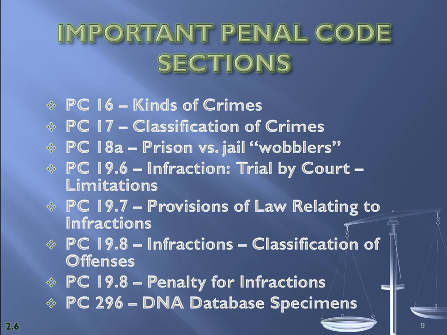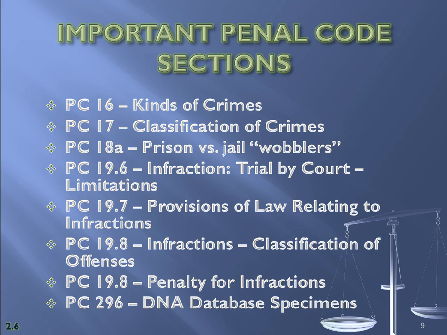And then you can look all the way down and see some of the other different ones that are out there. On this particular slide, one of very significant importance is Penal Code Section 296. This talks about DNA database specimens, and I felt it important to take a little bit of time to talk about this one.